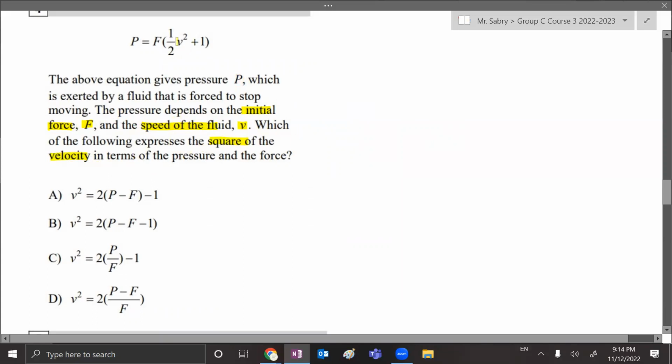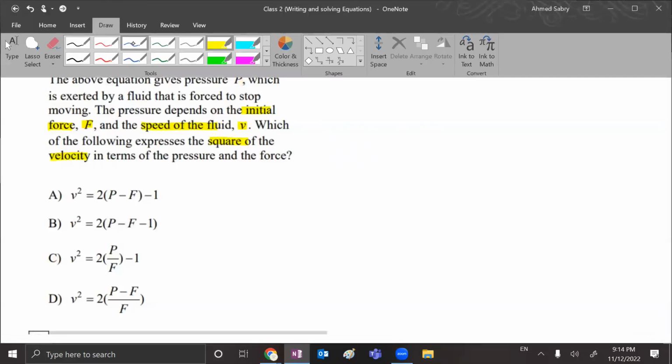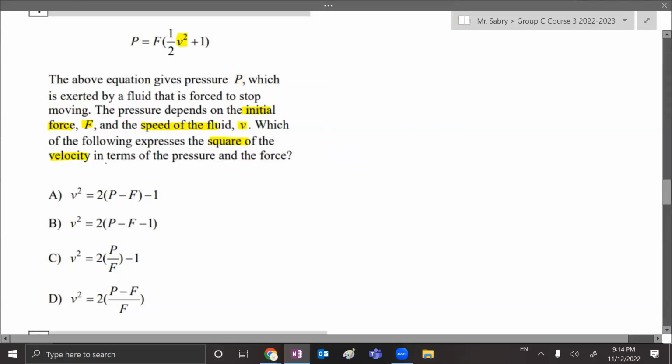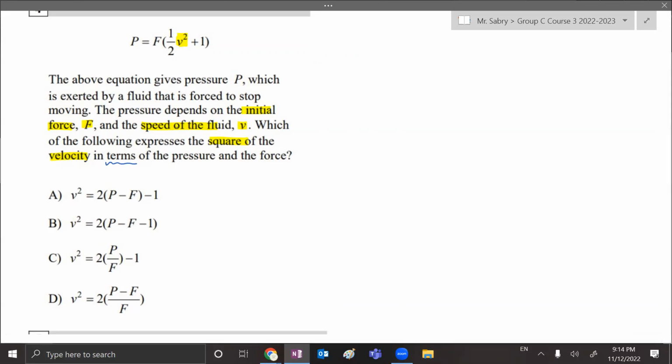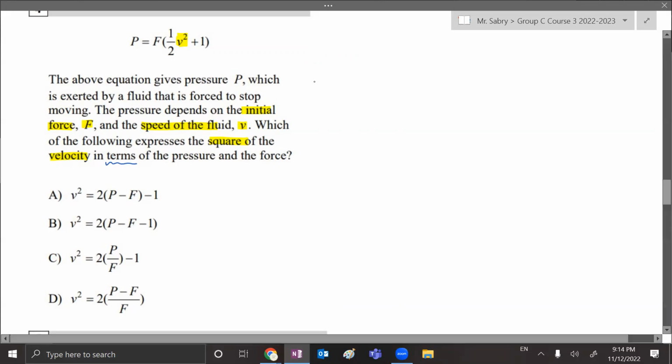So the square of the velocity is clearly V squared. I need V squared in terms of everything else. How can I get V squared, and I talked to you about this before, completely alone on one side equal to everything else? How can I do so?